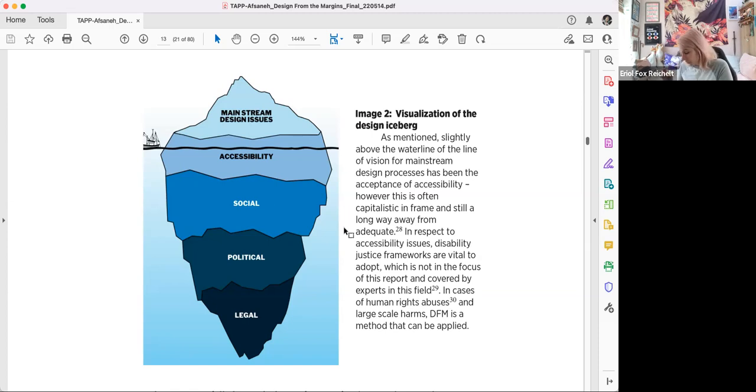Because I found it interesting to think of these topics, social, political, legal, accessibility, within the context of that iceberg existing within a sea of historical colonialism, and the iceberg isn't necessarily going to be outside of the sea at any point. Not that the metaphor is perfect, but it's the thing that all of this is submerged in.